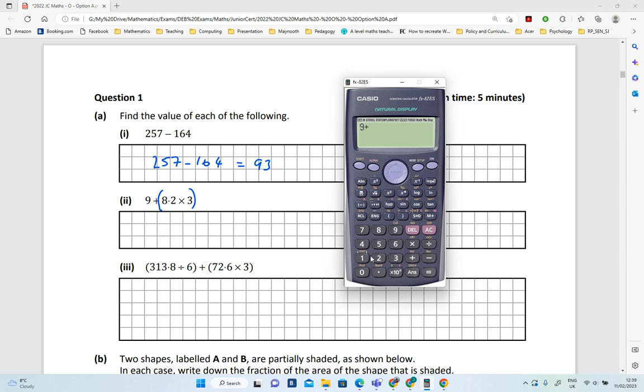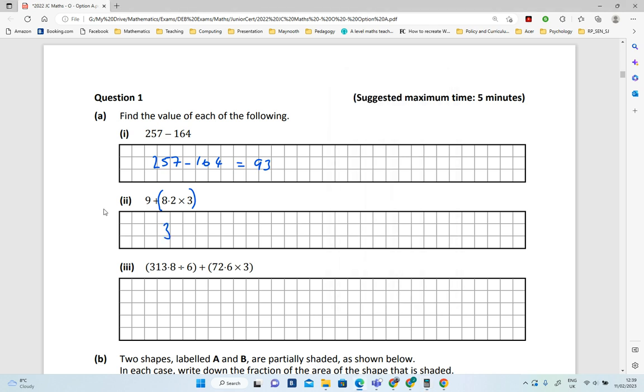So 9 plus 8.2 multiplied by 3, and I need to change it back into a regular number. So that's going to be 33.6. Now you can work it out without the calculator, of course. So 3 8s is 24, 3 .2s is 0.6. So you've got 24.6 plus your 9.